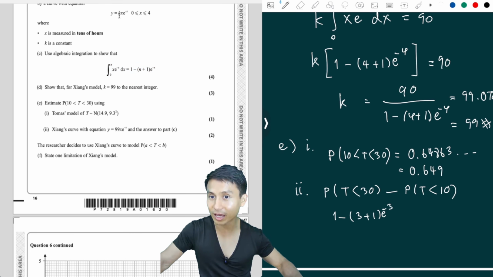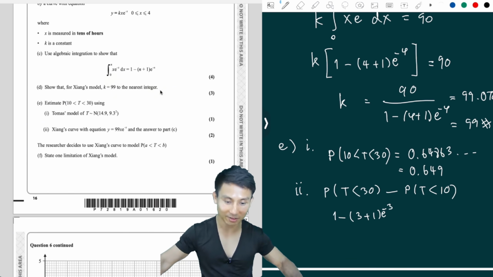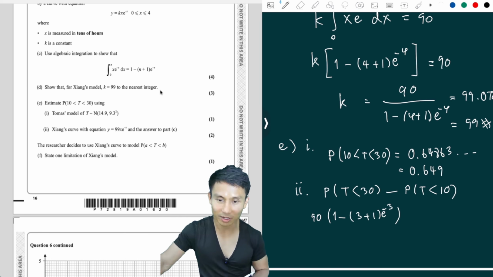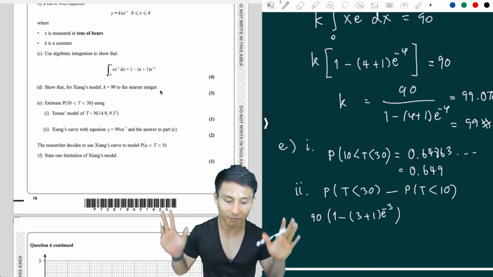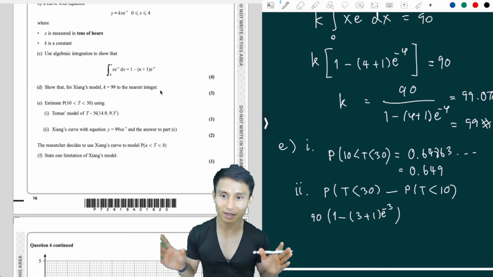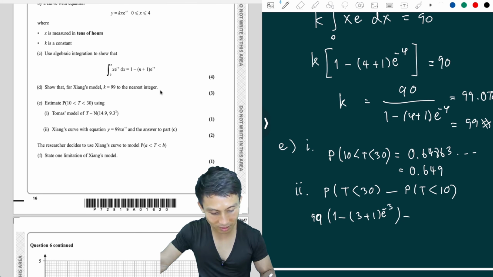When we do the integration we also have a k outside, and k now is 99, so we put 99 here as well. This will give you the number of patients with less than 30 hours of waiting time.